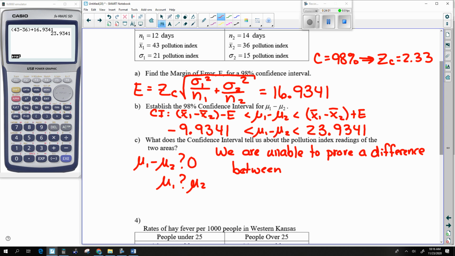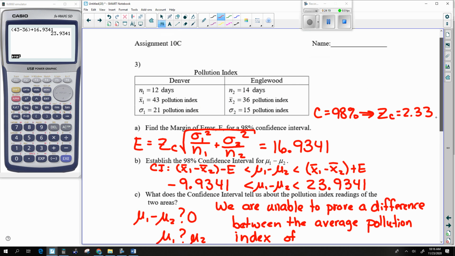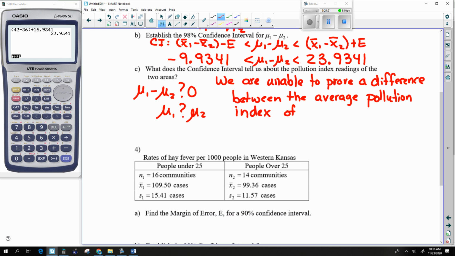So that is going to be the pollution index, the average pollution index, excuse me, Denver versus Inglewood.